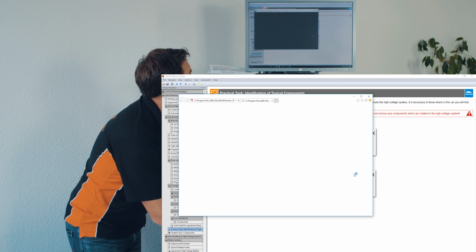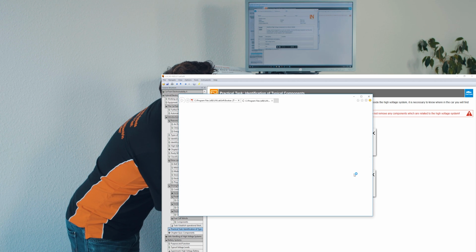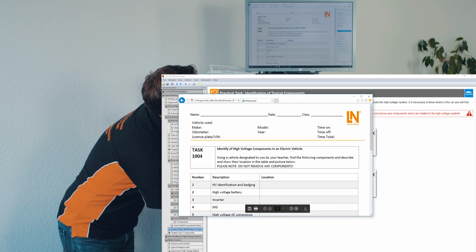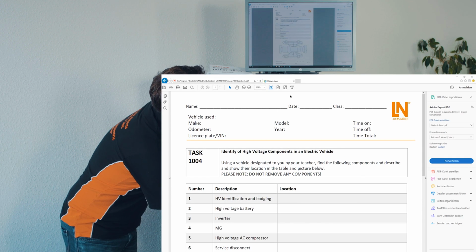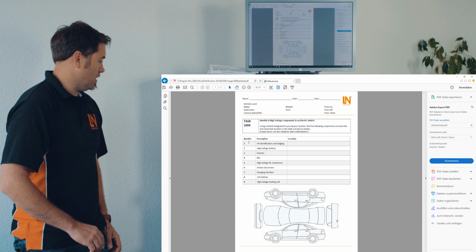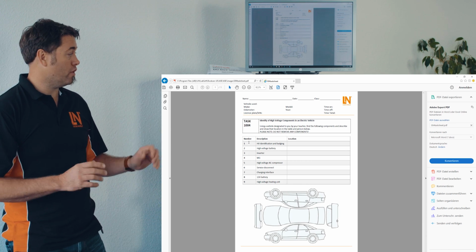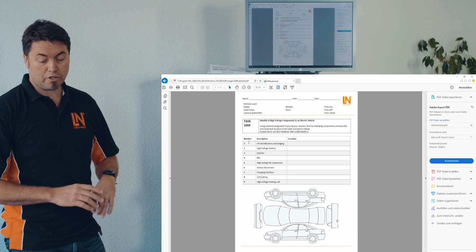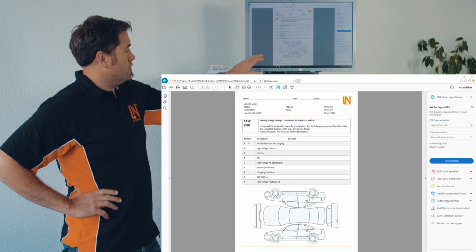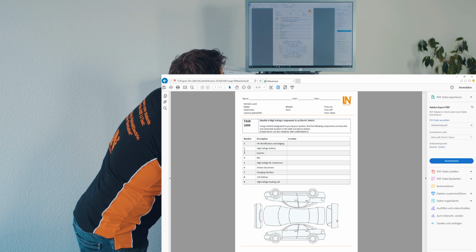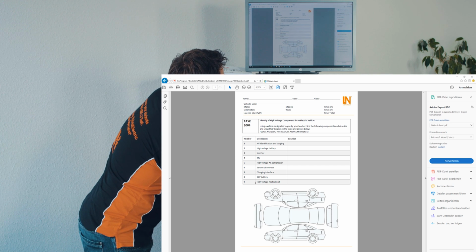Now, if we have a look at electric vehicles, there's a few extra things there that you'll find on electric vehicles that you won't find on a hybrid vehicle. You may find them on a hybrid vehicle, depending on the type. But, for instance, where is the heating unit?